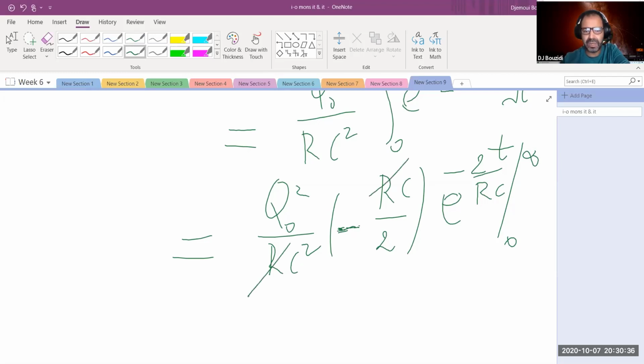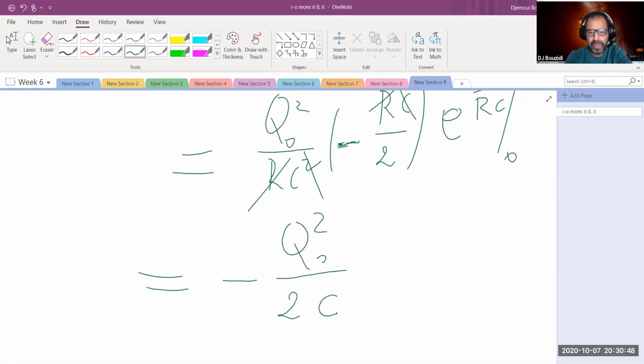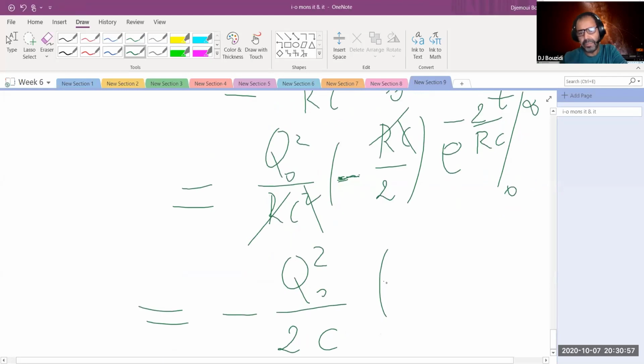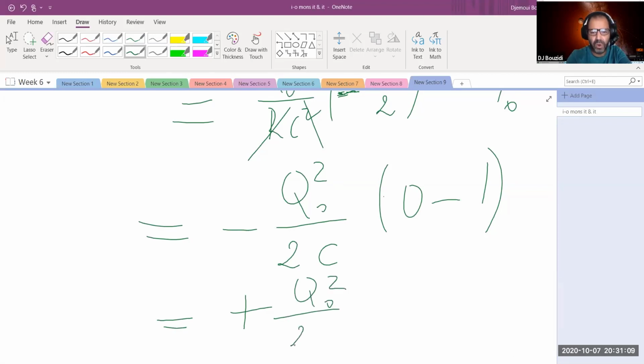The R cancels, the C squared cancels the C, and now I'm left with negative Q naught squared over 2C. I'm left with one of the C's in the denominator. Exponential at positive infinity is 0. At 0, it's 1. So it's 0 minus 1, which is a negative 1, times a negative, it's going to be positive again. So this is going to be positive Q naught squared over 2C.